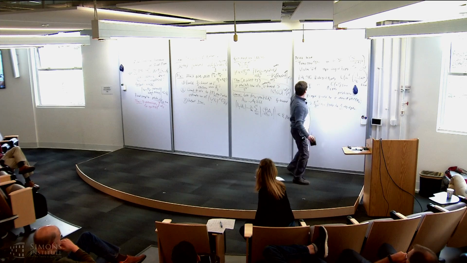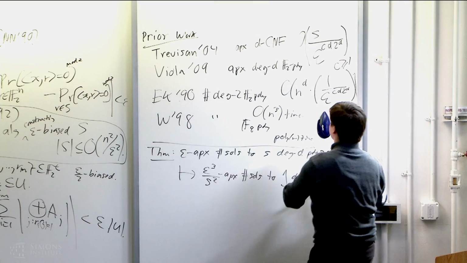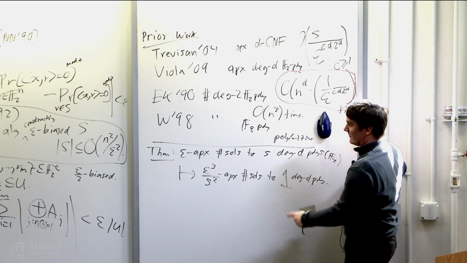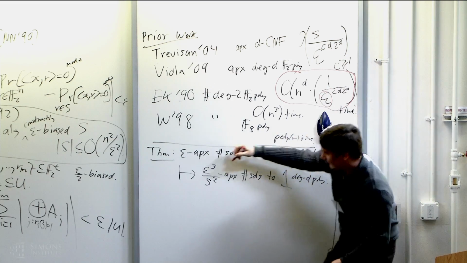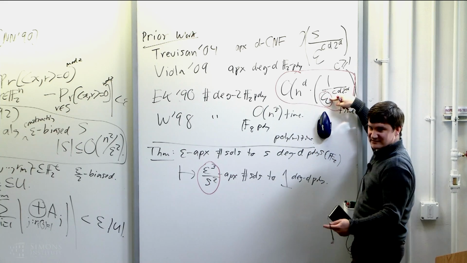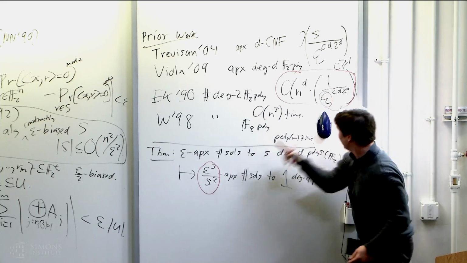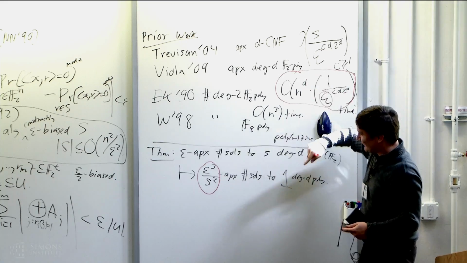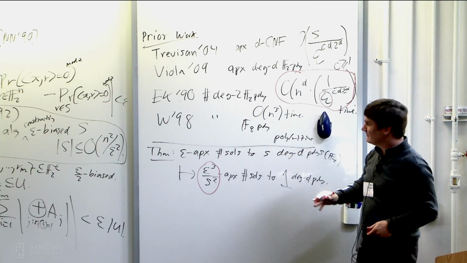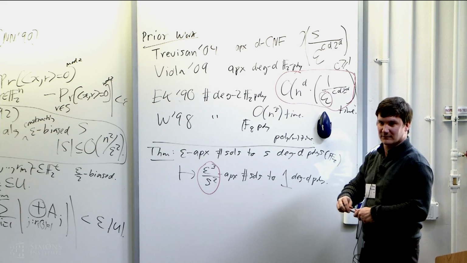Actually, you can just take what Viola has, so this thing here, and if you want to say epsilon prime approximation, you would just plug in this quantity for this epsilon, and you get something there. So I can write out what it is, but you can also just take this and plug it in. It's like S over epsilon to the order d times 2 to the d for any system of degree d polynomials.